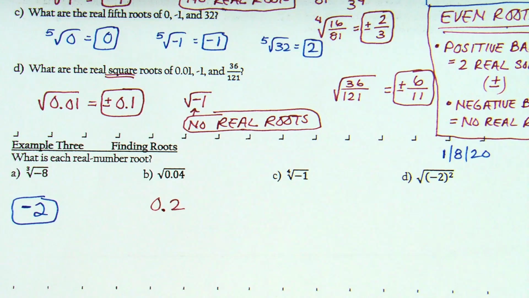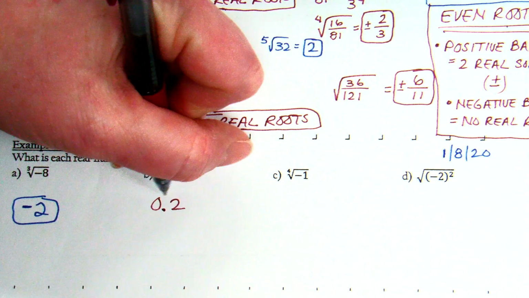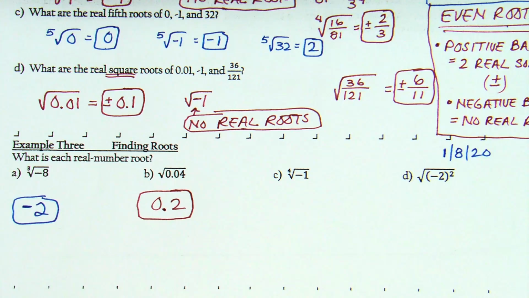Okay, so here's the catch, and Math Excel will get you on this if you're not careful. They do not want a plus or minus right here. When they put the radical, and they ask you for the square root and they're using the radical, they just want that positive solution. If they wanted the negative solution, they'd put a negative in front of the radical and you just give the negative solution. But because it's the radical always indicates just the positive solution.